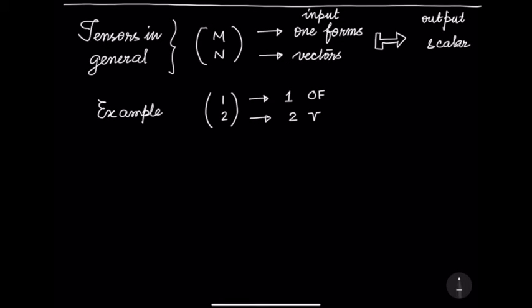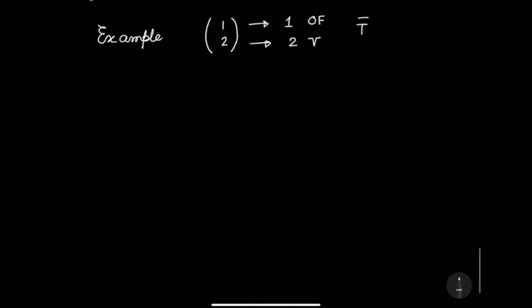Okay, let's call this T because it's a tensor. So T, let's say it takes one form, so we'll write the one forms first. Let's say the one form is the alpha-th unit one form, and in between the one forms and the vectors, I put the semicolon sign. Say it takes the beta-th unit vector and the gamma-th unit vector.